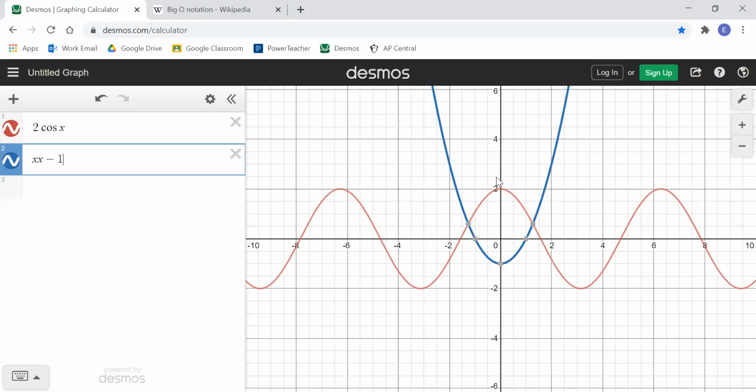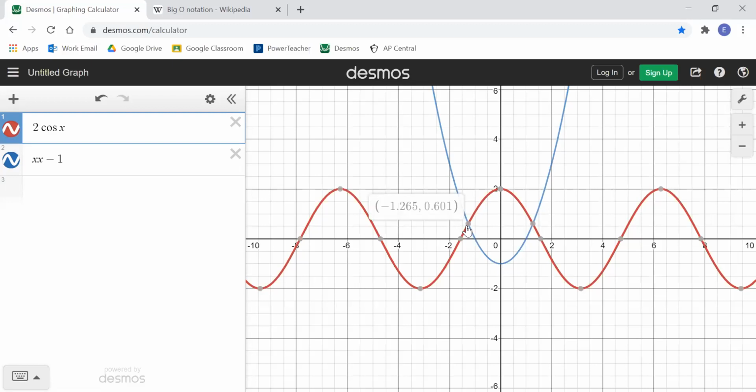Anybody notice anything about these two functions or no? It's symmetrical. Yeah, they're both symmetrical, right? They're both symmetric across the y-axis. Functions that are symmetric across the y-axis we call even functions, right? So both of these are even functions.